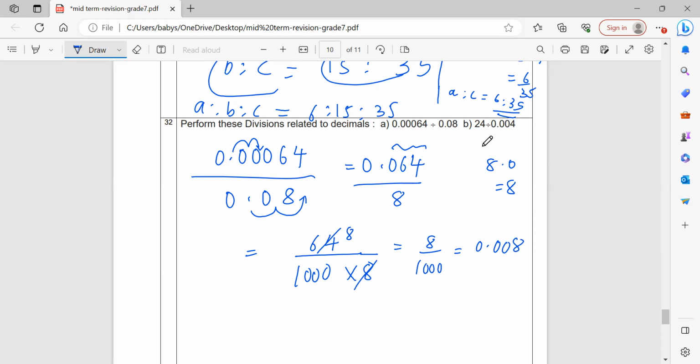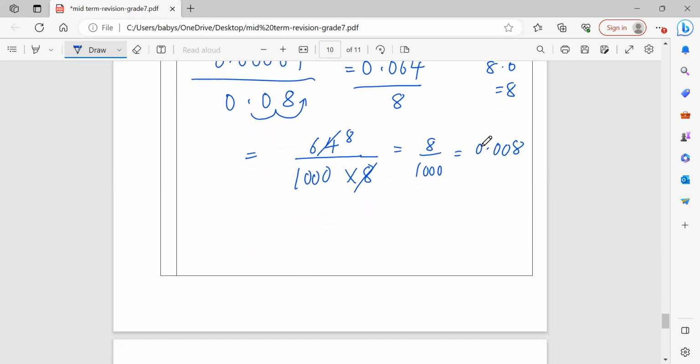The next thing is 24 divided by 0.004. So you should be very careful here. You can do the sum this way also. 24 divided by 0.004. So 24 means 24 divided by 1, right?